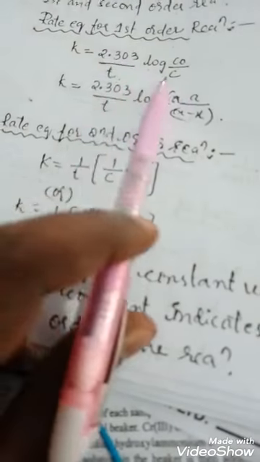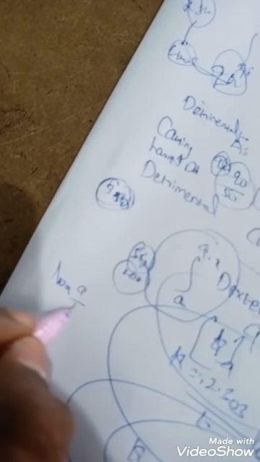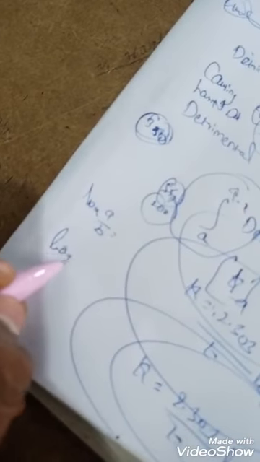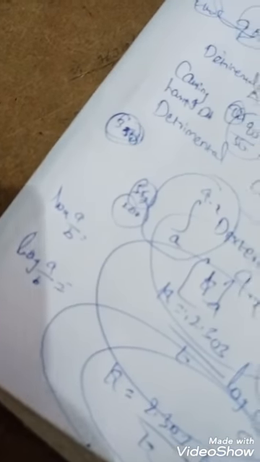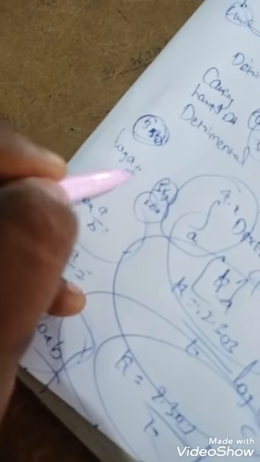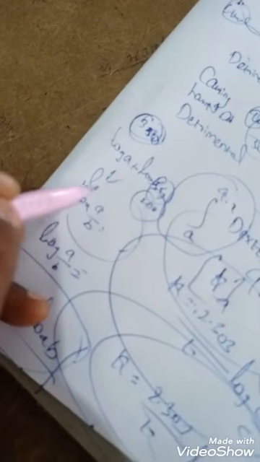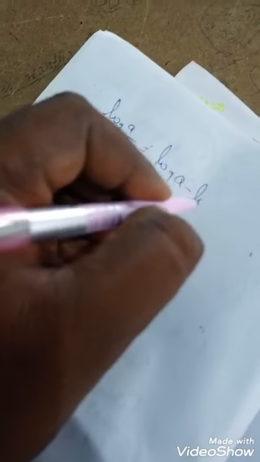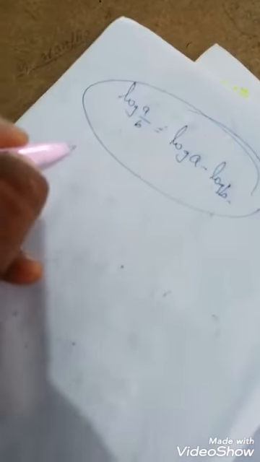We know that log A by B can be written as log A minus log B. This is the inverse form.